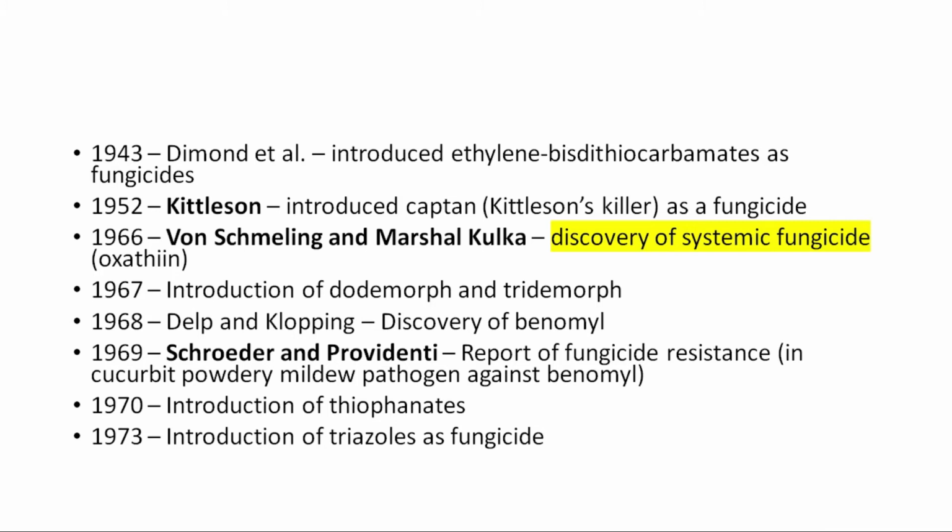So that benefit was achieved with systemic fungicides. Now these systemic fungicides were used to manage rust and smut diseases. Plantvax and Vitavax are two trade names of fungicides under oxathiin, which are used to manage rust and smut respectively.